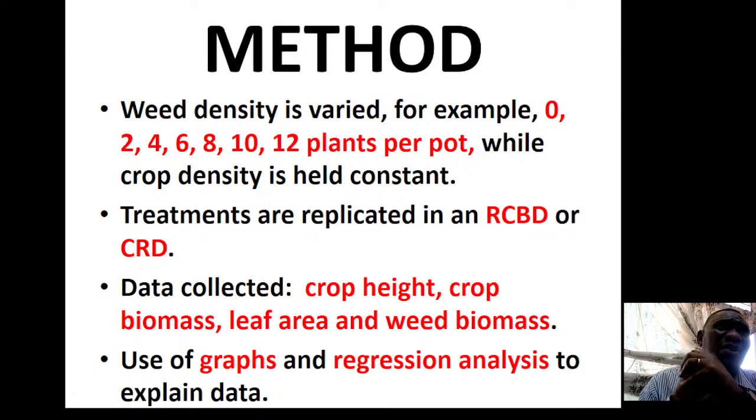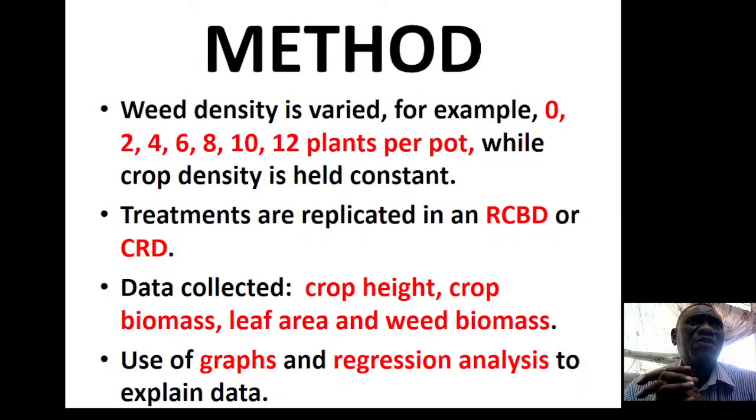We are now talking about the kind of treatments which are required in an additive experiment. You can vary the weed density, for example, from 0, 2, 4, 6, 8, 10, and 12 plants per pot, while the crop density is held constant. For example, you can just keep one maize, one crop plant per pot.